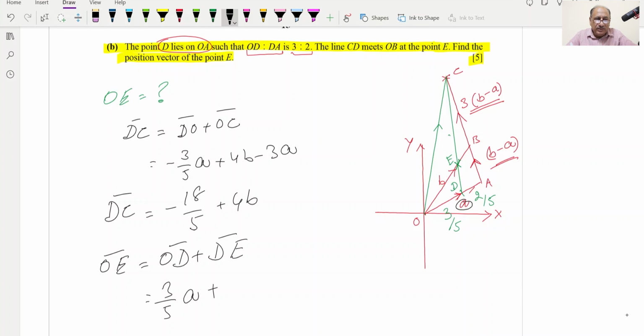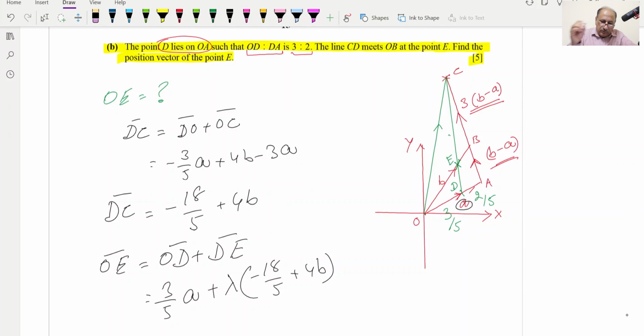DE is lambda times DC, some fraction of DC, because DE is a portion of the bigger line DC. So we write lambda into minus 18 by 5 a plus 4b.